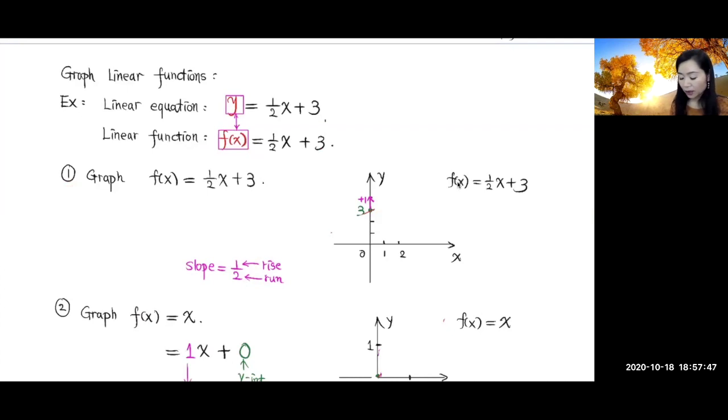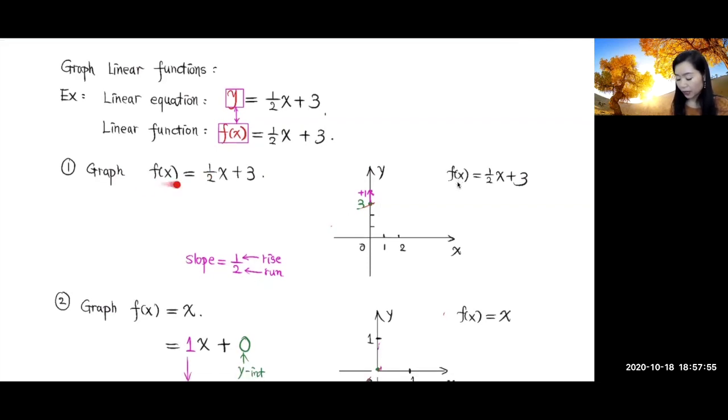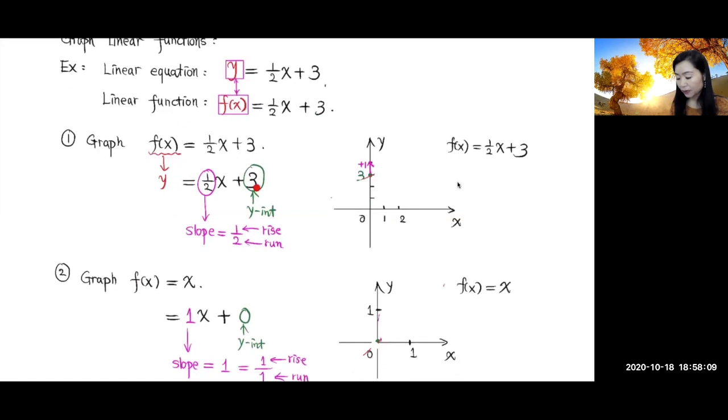Number 1, let's graph this linear function, f of x equals 1/2 x plus 3. The way to graph this, you can first think about this f of x as y, so you can replace that by y. Y equals this. Now this is in slope-intercept form. The y-intercept here is 3, so on the y-axis, we locate 3.